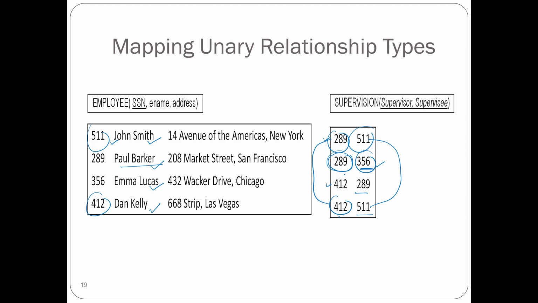So in fact, Paul Barker is supervising 511 as well as 356. And Dan Kelly is supervising 289, who is Paul Barker, and 511, John Smith, right? So in fact, it is satisfying all the four cardinalities.